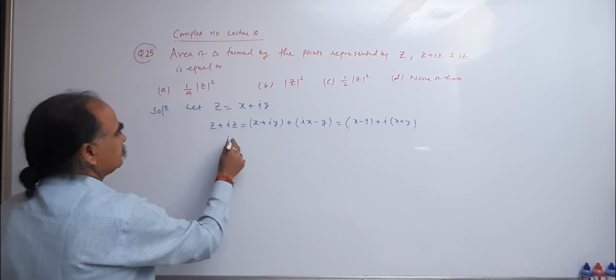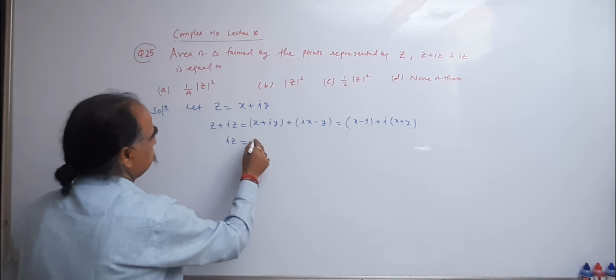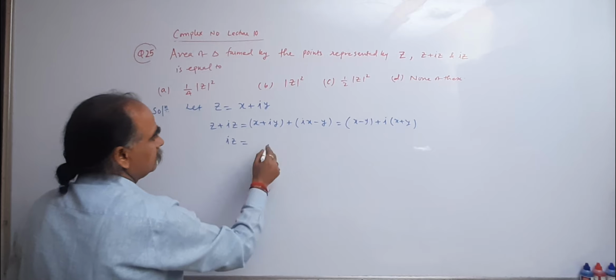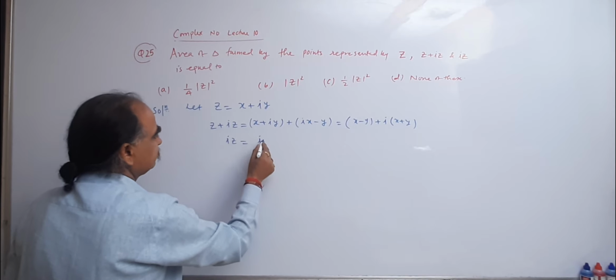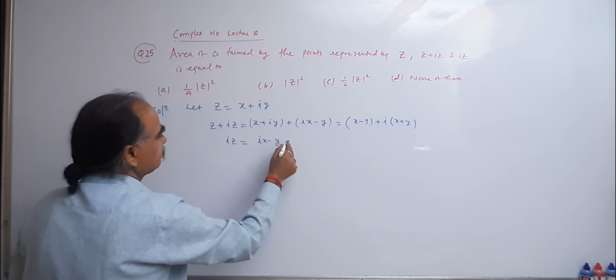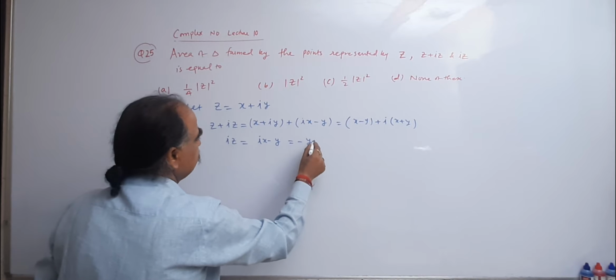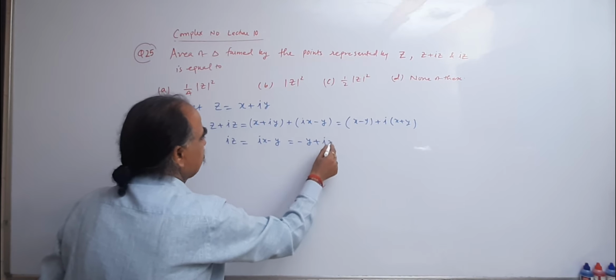And iz is what? ix minus y, which is same as minus y plus ix.